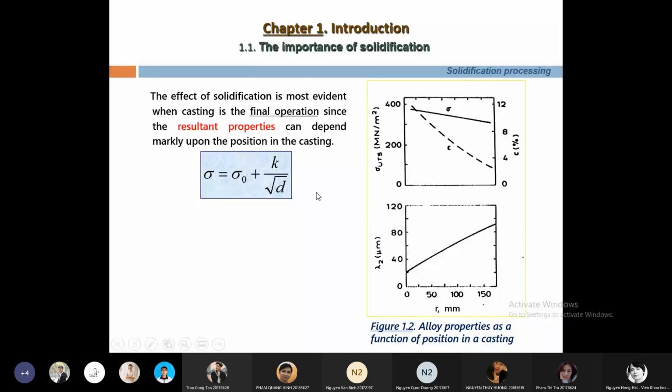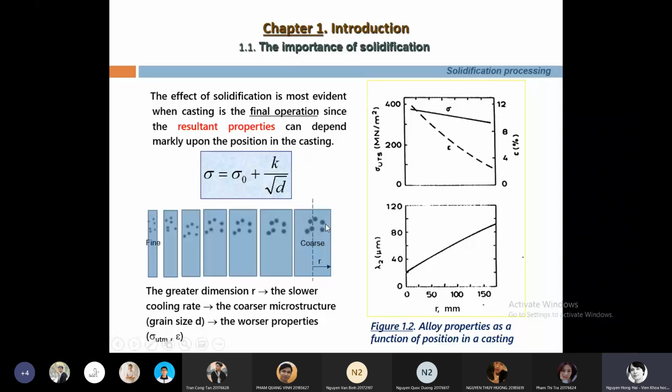You can see here, for example, R is large, so we have the grain is very coarse. So we have the coarse microstructure. If R is small, we have the high cooling rate and the very fine microstructure. Then we have higher mechanical properties.